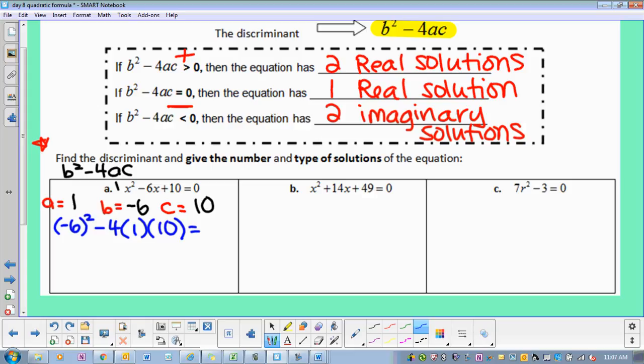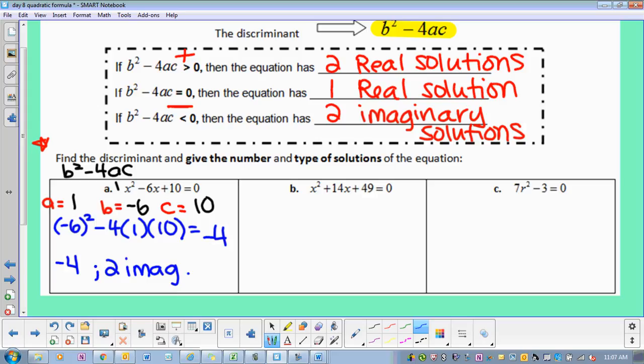Negative 4. Good. Guys, it's a negative number. What does that tell me? How many and what type of solutions? Negative, then it has 2 imaginary. 2 imaginary. Okay.